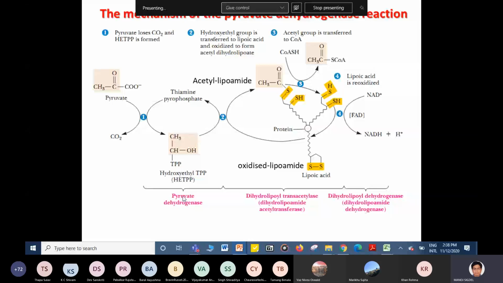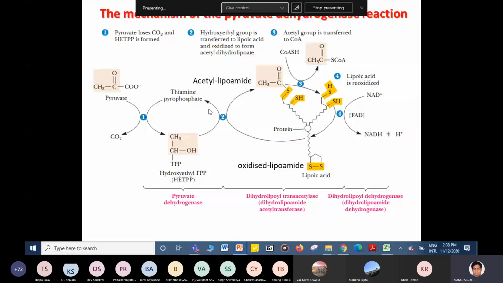The first enzyme is pyruvate dehydrogenase. With the action of pyruvate dehydrogenase, this pyruvate will be converted to hydroxyethyl thiamine pyrophosphate by combining with thiamine pyrophosphate. This is the first reaction. Now, after the formation of this hydroxyethyl thiamine pyrophosphate, it will react with the oxidized lipoamide, and this acetyl group will be donated to the oxidized lipoamide with the regeneration of thiamine pyrophosphate.